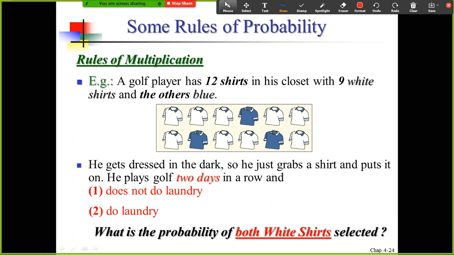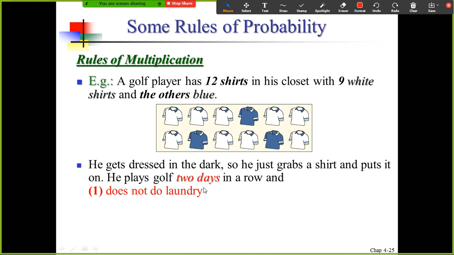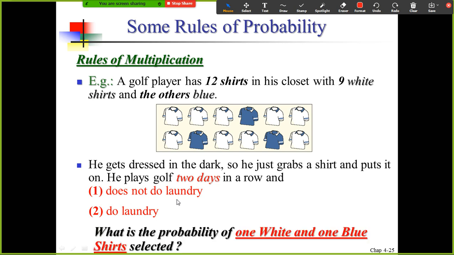Okay. So we have 2 days of play, with 2 conditions. Now 2 days of playing again, the same information, 2 conditions again, but a different question.